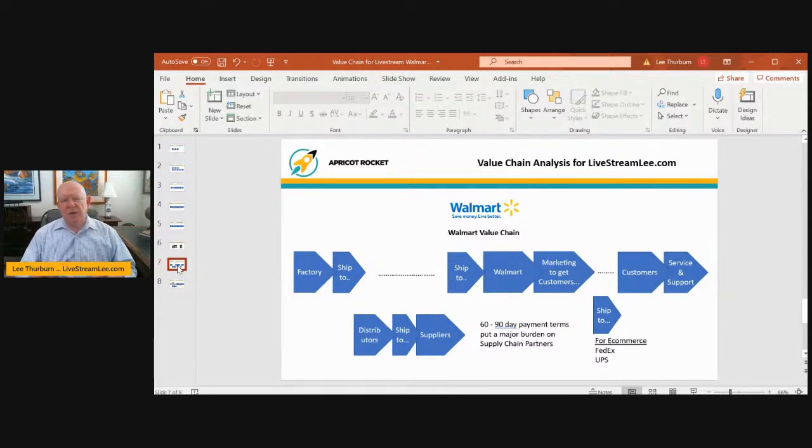What I've done is take the value chain that exists in the traditional, typical retail environment, and I've shown you what effectively Sam and Walmart did. Some of this was done while they were still around, and some of it was done after they came along, but the wheels were put into motion with Sam and Jim.